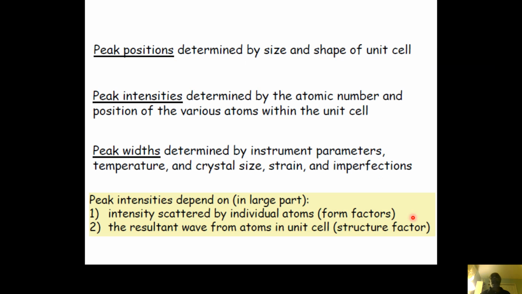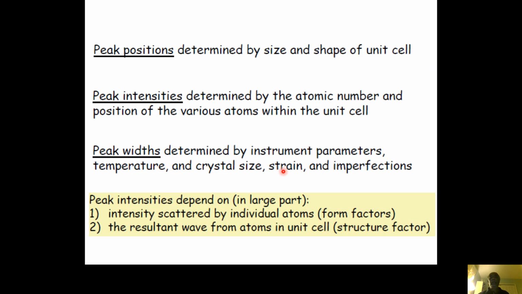Peak positions are determined by the shape and the size of the unit cell. Peak intensities are determined by the atomic number and the position of your atoms in the unit cell. Later we'll find, if we have a spectrum, the peak widths are determined by the instrument, right?